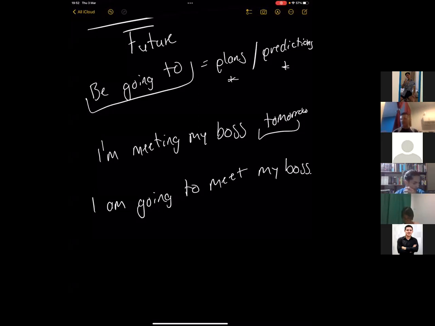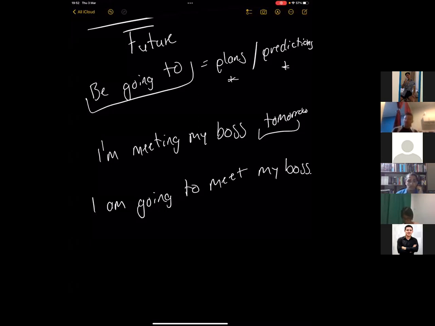Like if you say I'm meeting my boss tomorrow, then we understand that it's future because it's not today, it's tomorrow. But if you say I am going to meet my boss, then that also works. That is immediate future, so you don't need to add any time marker. You can add them if you want to be more specific, but you don't have to.